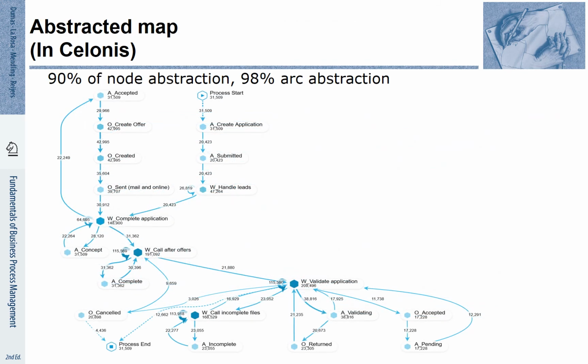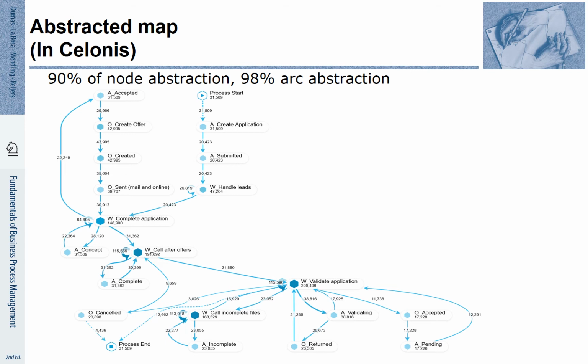If we now apply some meaningful abstractions and filterings to this process, you might be surprised how well the process can be understood. Here we have reduced the number of nodes from 100% to 90%. And we are now using 98% of the arcs and not 100% of them.